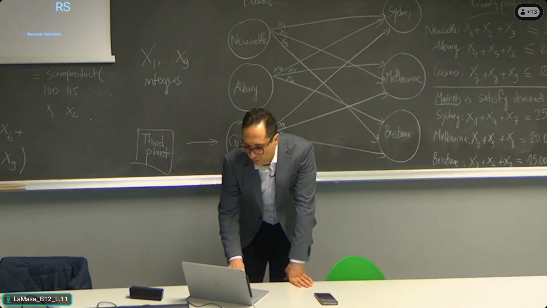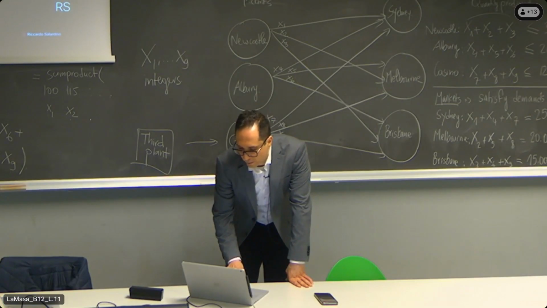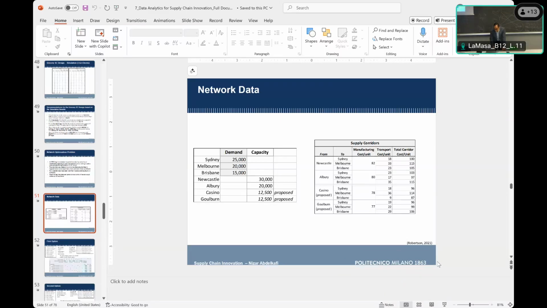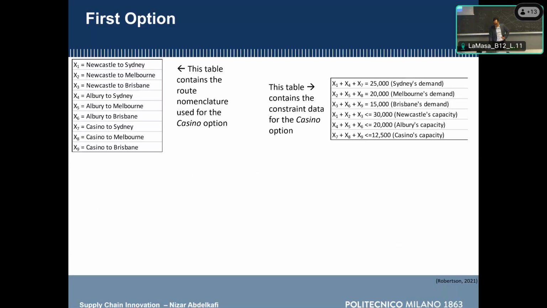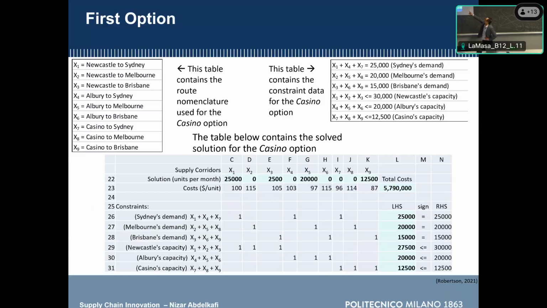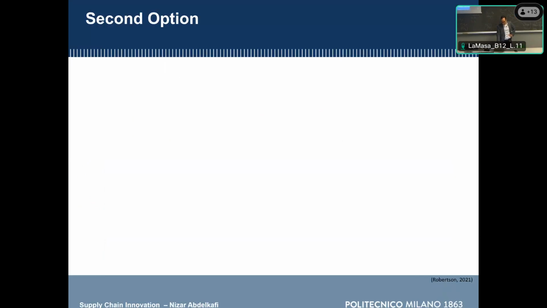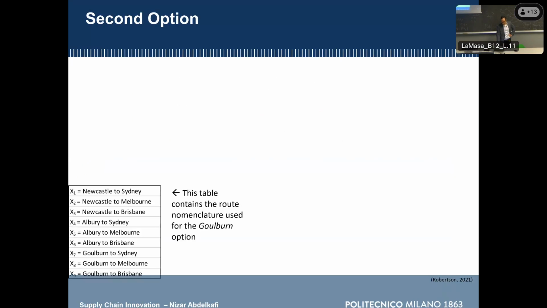Now we go again to our slides. Okay, we have the network data. The first option, we said this is for Casino. These are the numbers, the same that we found. I will not solve the problem for the next city, the second option, which is Goldberg.